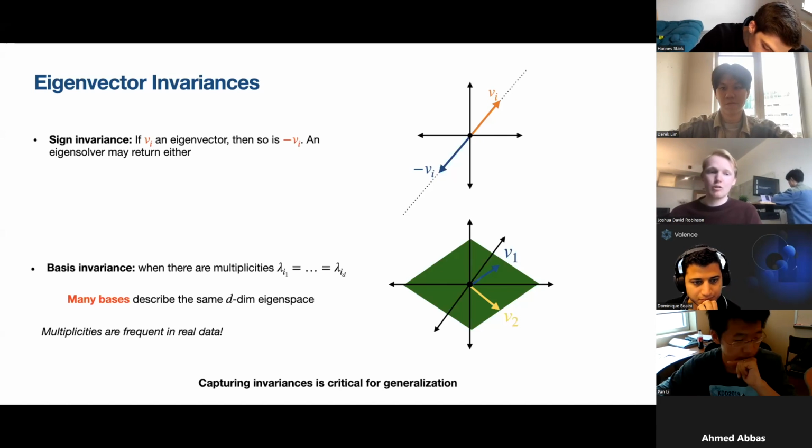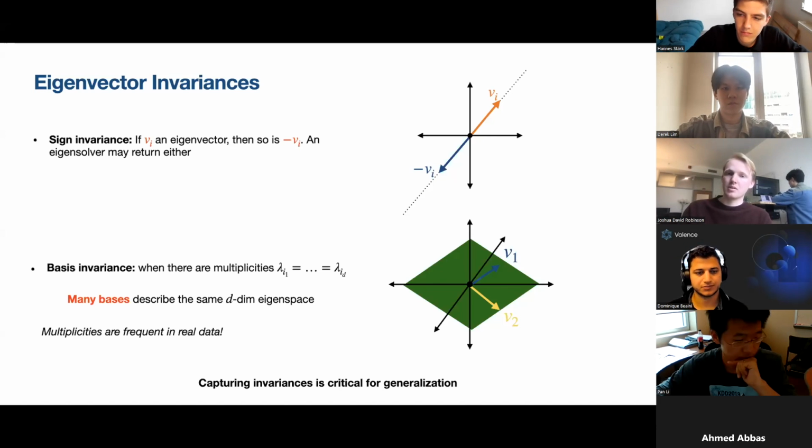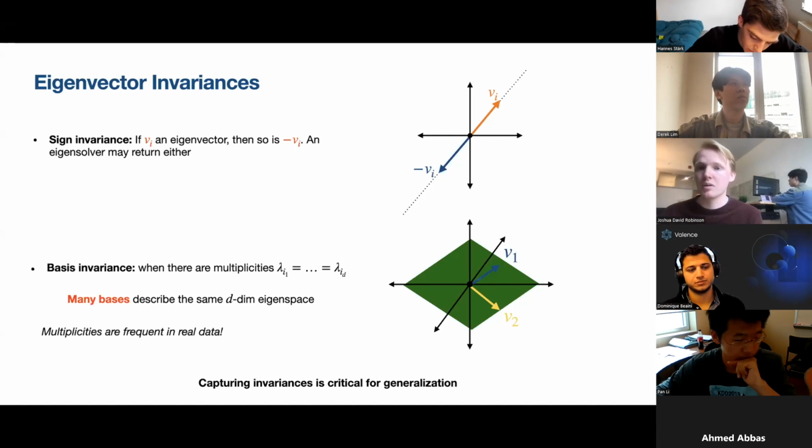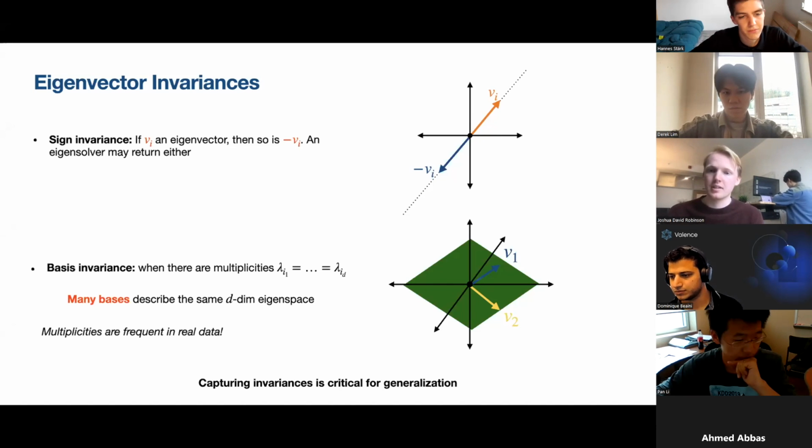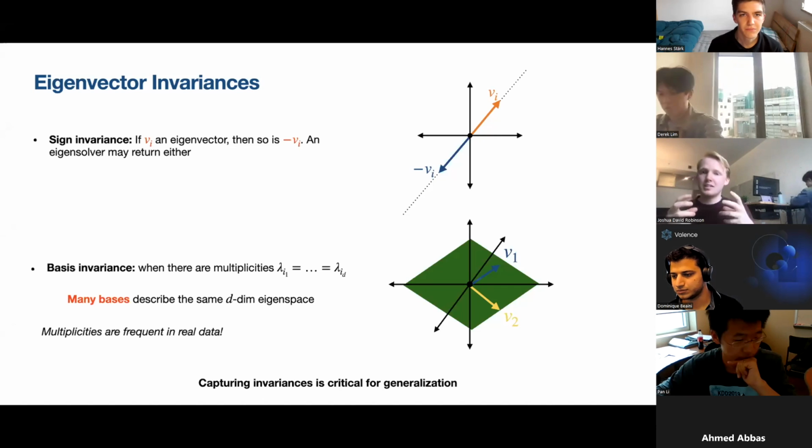And so since there are many different bases that could describe the same underlying d-dimensional eigenspace, we would want to also have a model that is invariant to the choice of bases that we use. And this effect of high multiplicities is actually frequent in real data and is not just of theoretical interest. We computed some statistics on real data sets, particularly molecule data sets, showing that many of them have high multiplicities. This multiplicity effect is closely related to having repeated motifs within the graph.